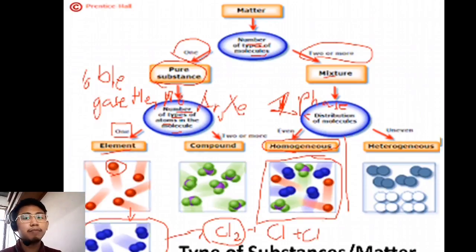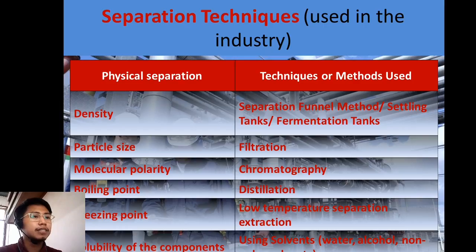Actually, they will just separate from one another. Another example are your stones and, let's say, ping pong balls, right? They will not mix together because they can easily be identified from one another. Okay, so let's go now to the next one.